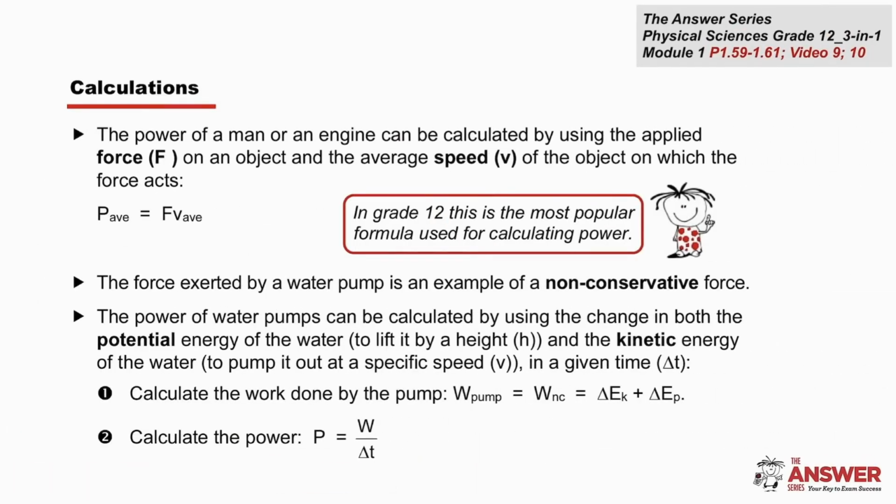People, animals, engines all have power ratings that say how much energy in joules is transferred per second. The force causing the change in energy is typically non-conservative. For example, in a water pump. We can use the equation for work done by a non-conservative force and then determine the power required.